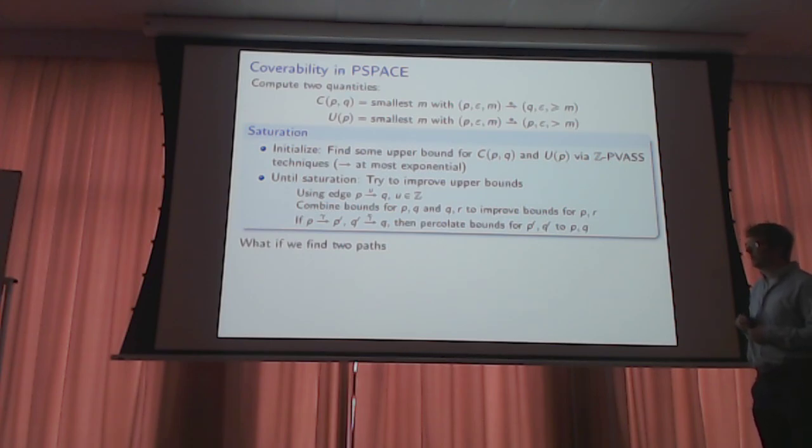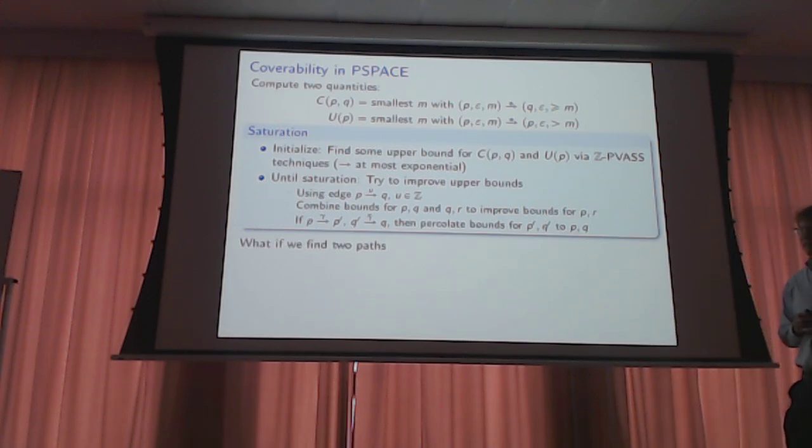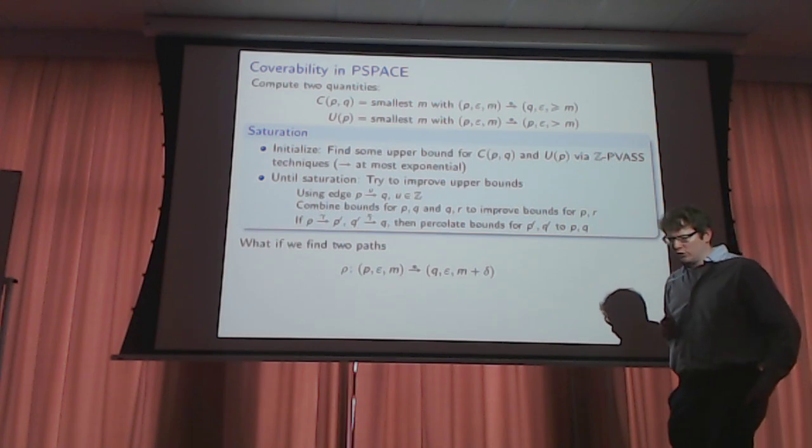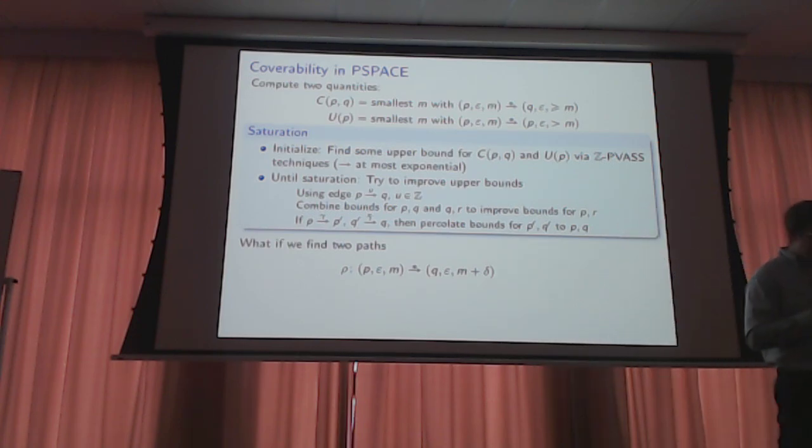So now you might ask, well, why can't we just do that for the simple p-space thing for general p-VAS? Because the following doesn't work in general p-VAS. The observation is that if you always improve these bounds, so improving these bounds means finding new paths.